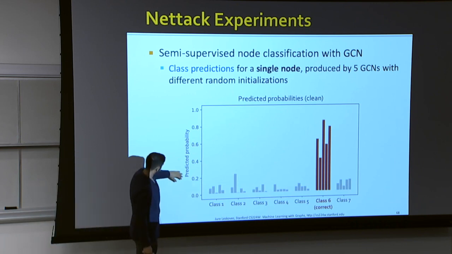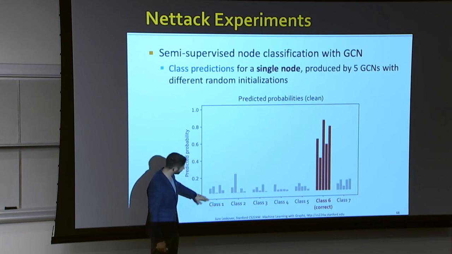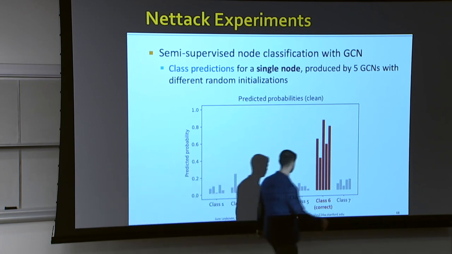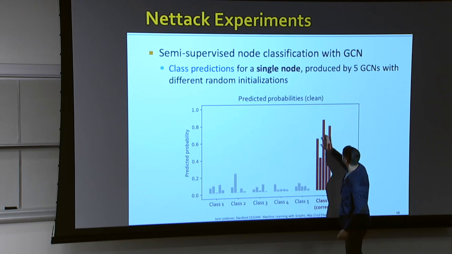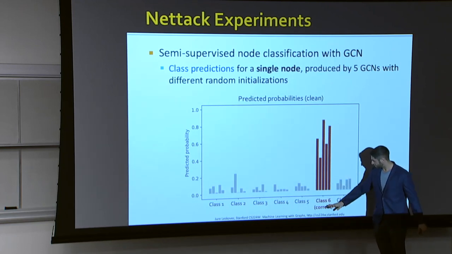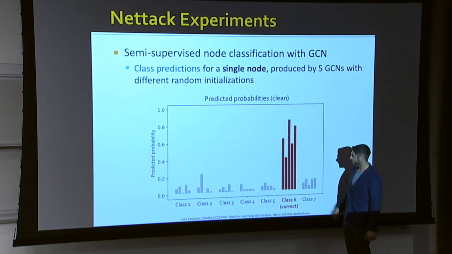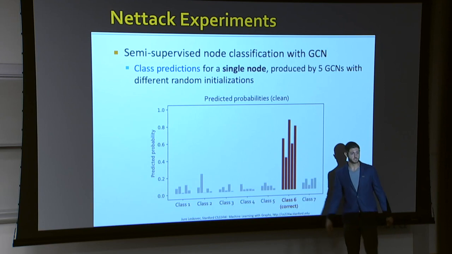On the y-axis you see the predicted probability, and on the x-axis the probabilities for each class. From all these runs, you will see that our target node is classified as class 6, which is the one that we consider correct, and in all the cases the probability is very high, okay?